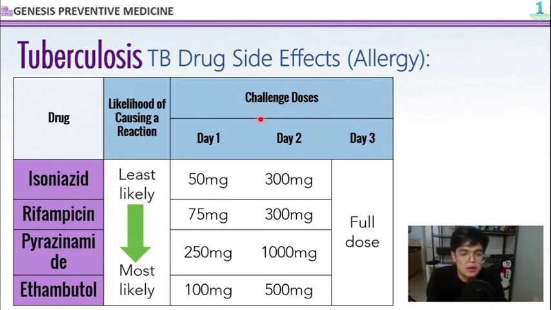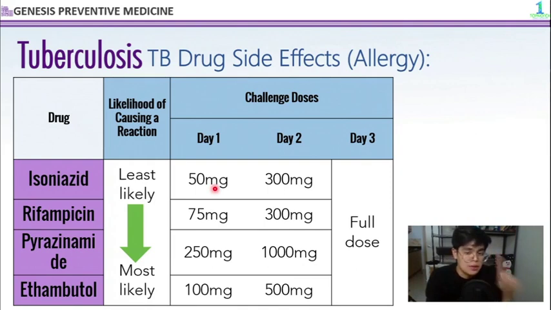So for the clinician to accurately determine which of the four the patient is specifically allergic to, we will discontinue first and then start by giving the dose of isoniazid, which is the least likely drug to cause an allergic reaction at a low dose.